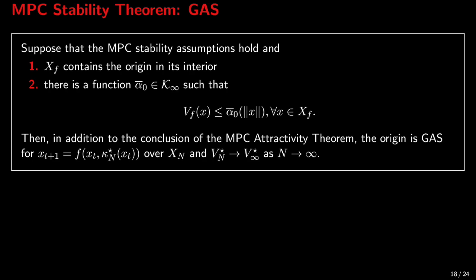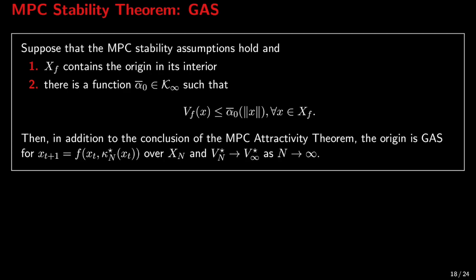Typically we can choose a function VF that satisfies this assumption. For instance, if you take VF to be a quadratic function, then automatically you can see that this inequality is satisfied, especially as we want here, within XF.